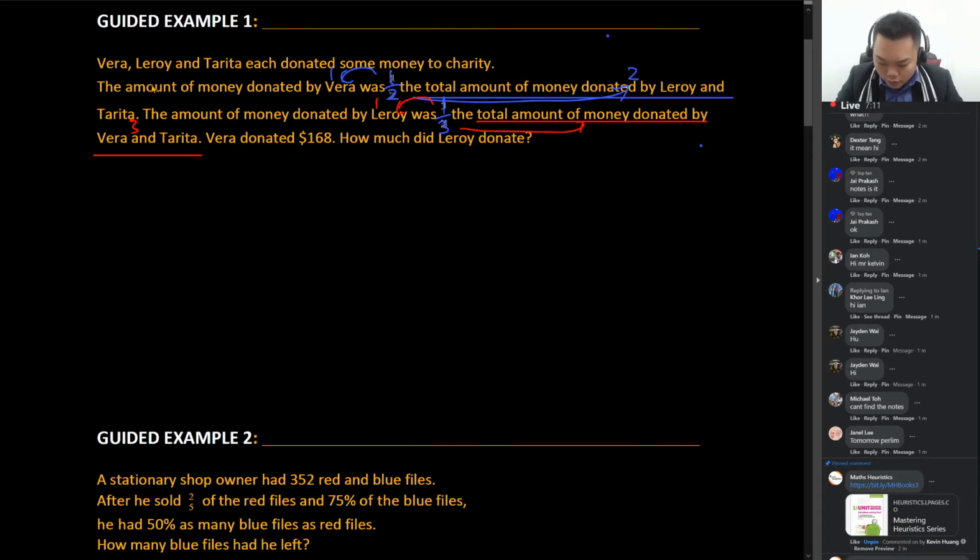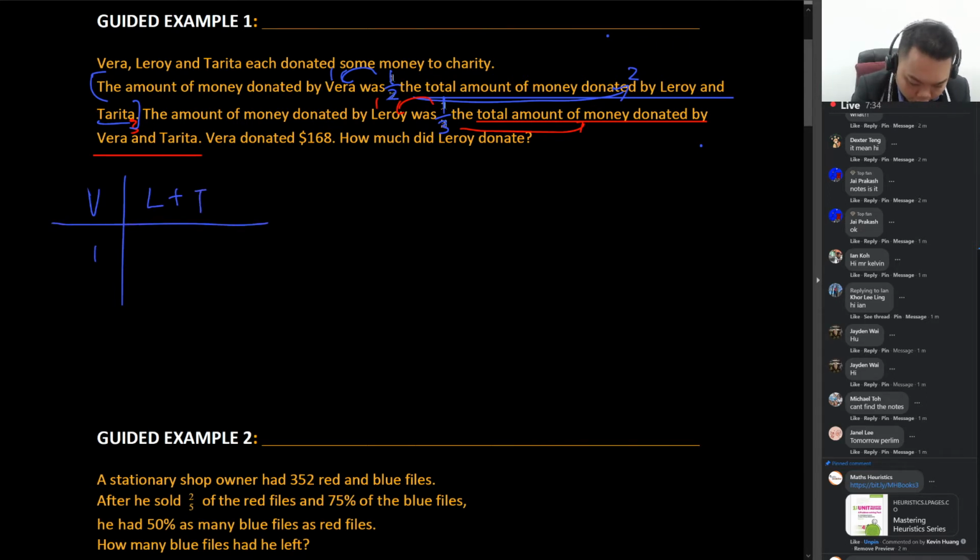To deal with this, what you want to do is to list them out first. Define out the problem first. Between Vera, Leroy and Tarita, we know that Vera donated 1 block, Leroy and Tarita donated 2 blocks.